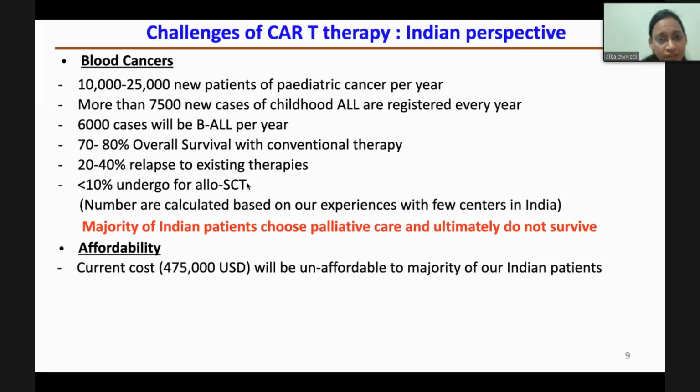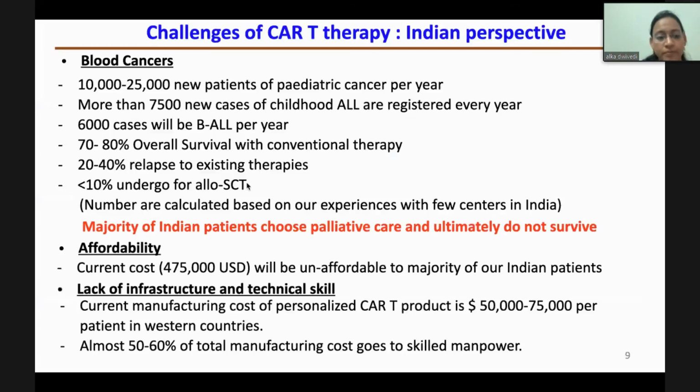Also, the major challenge of CAR-T is affordability. The current cost of CAR-T is around $500,000, which is unaffordable to the majority of our Indian patients, along with the lack of infrastructure as well as technical skill.